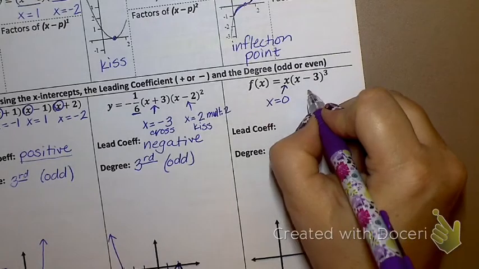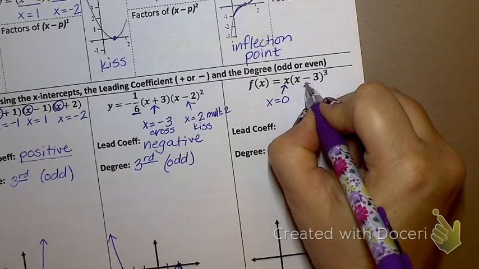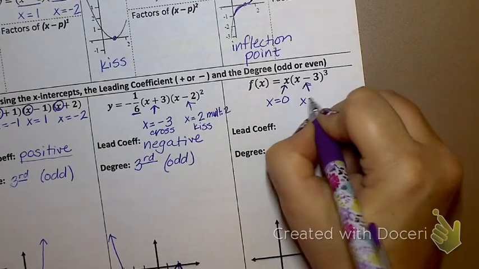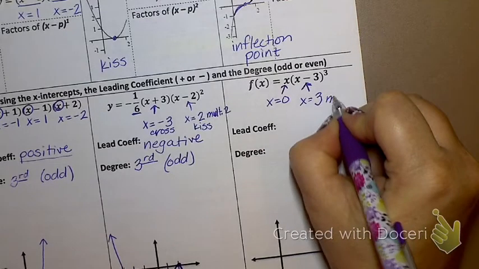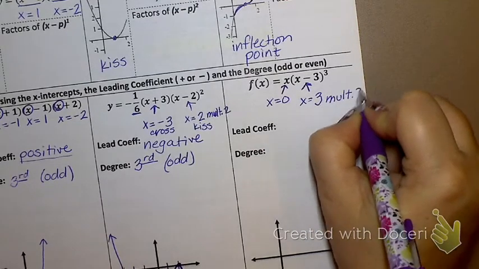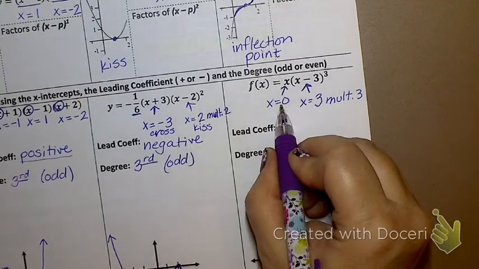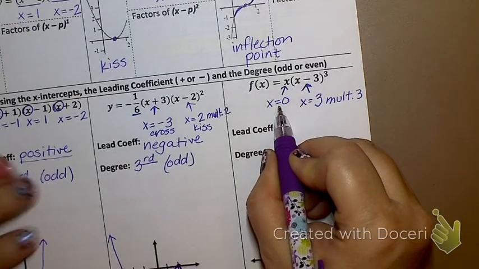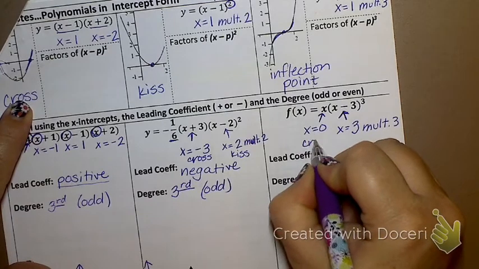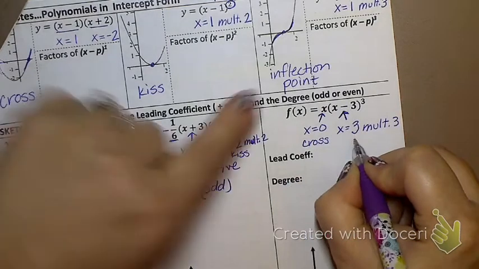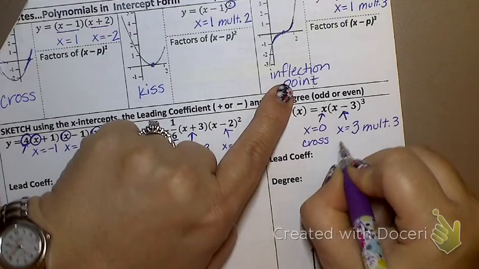Okay? What do I get from here? X equals what? 3 with a multiplicity of what? 3. So this one has no multiplicity, or we could think about it having a multiplicity of 1, which means it's going to be a cross. What's this guy going to be? An inflection point.